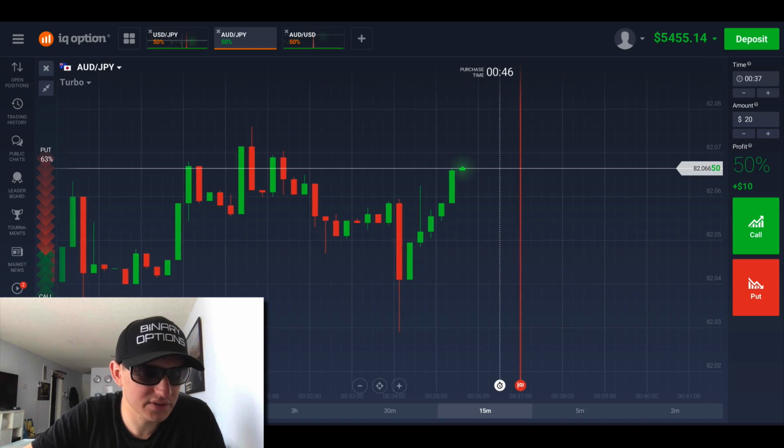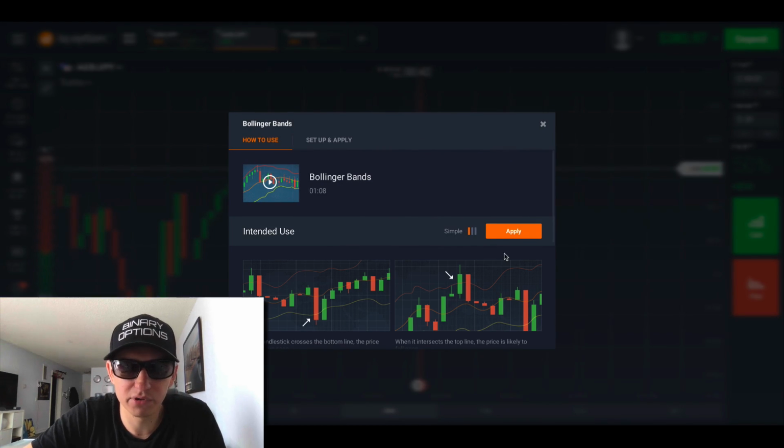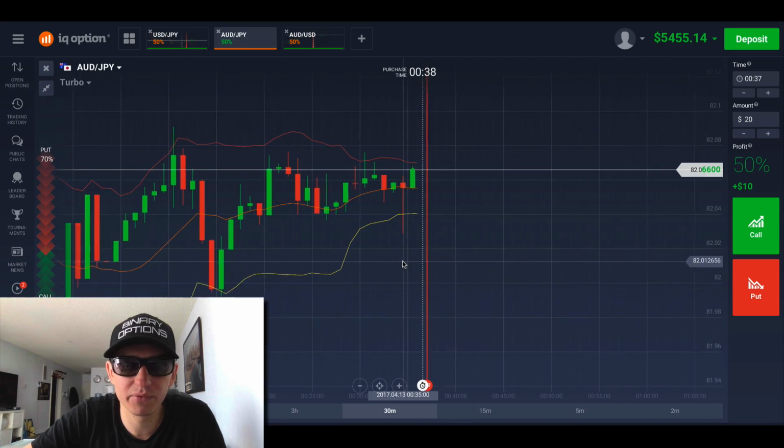I'm gonna also add a couple indicators: the Bollinger Bands with default settings. This is my favorite one.